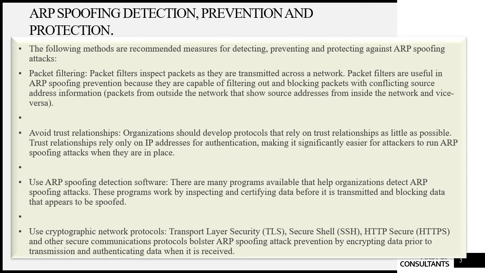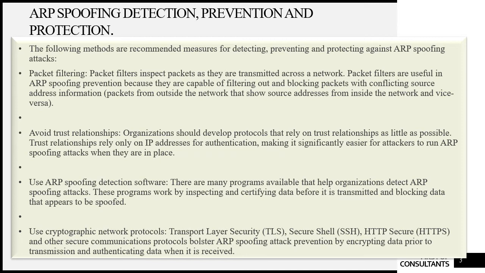Another step to prevent is use ARP spoofing detection software. There are many programs available that help organizations detect ARP spoofing attacks. These programs work by inspecting and certifying data before it is transmitted and blocking data that appears to be spoofed.